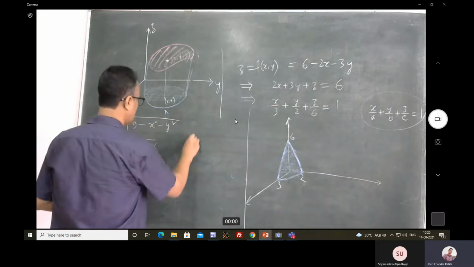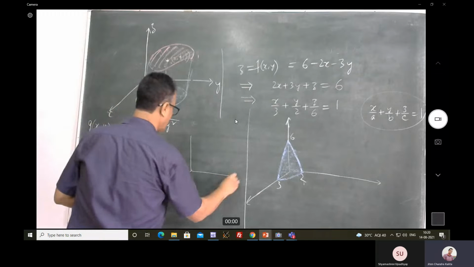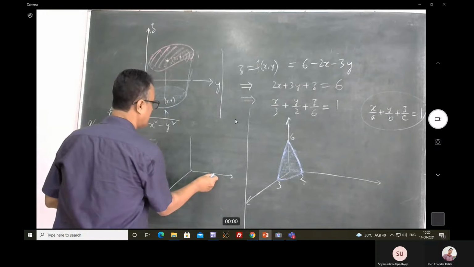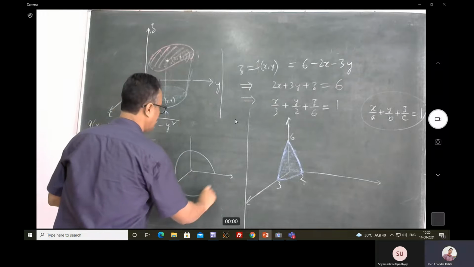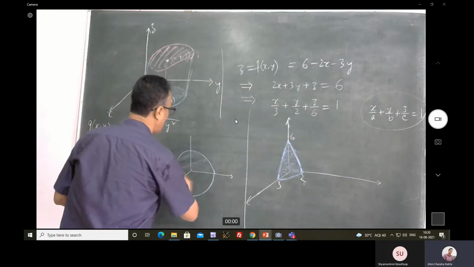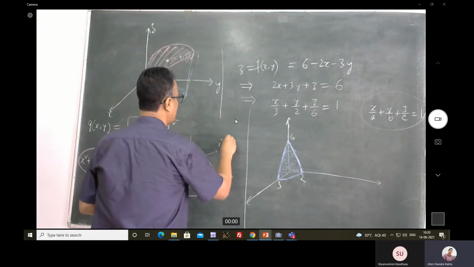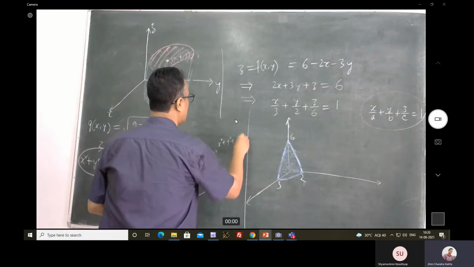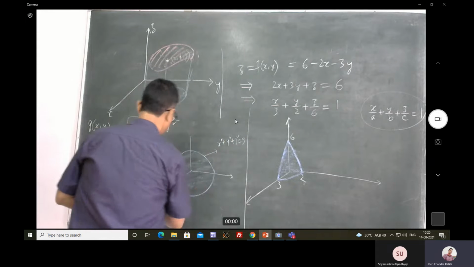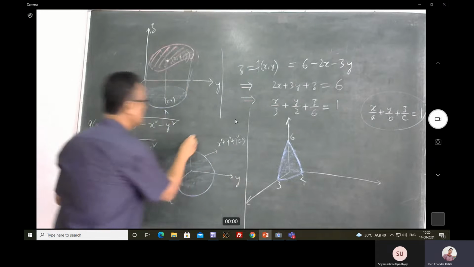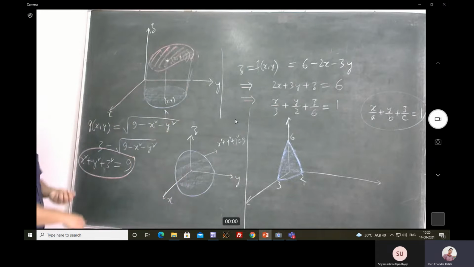Suppose this is the sphere, x squared plus y squared plus z squared equal to 9.